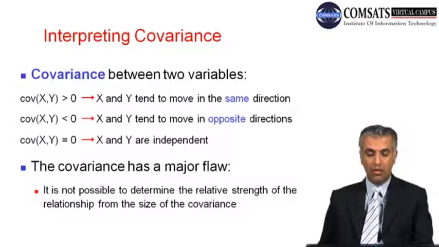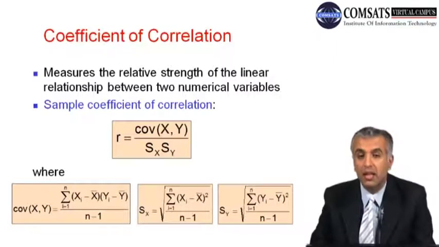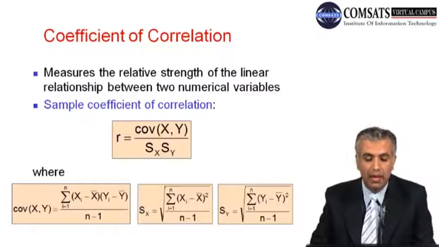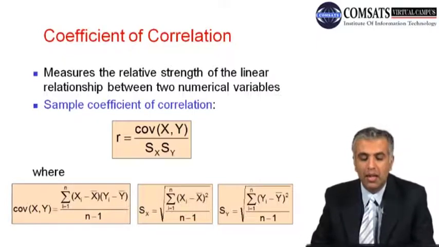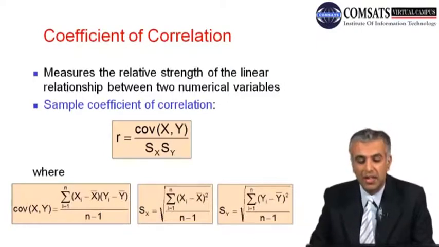Now, countering that covariance, there is another coefficient which is calculated, termed the coefficient of correlation. The difference between the covariance and the coefficient of correlation is that here we are dividing the covariance of the two variables by their respective standard deviations.